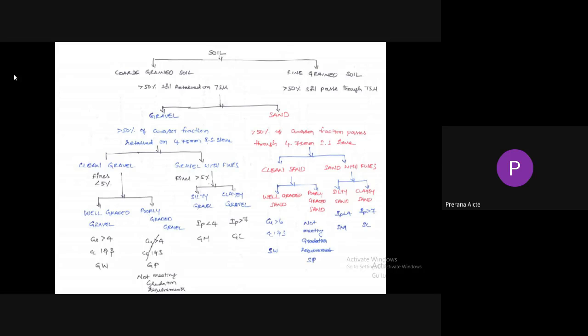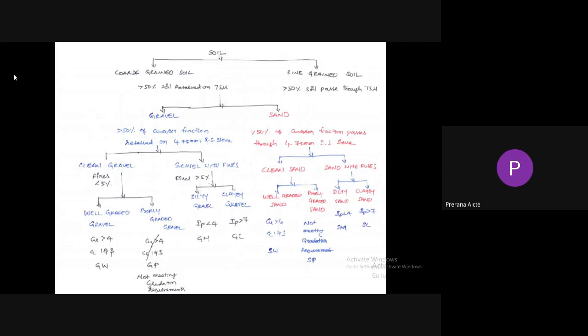The coarser fraction means the soil retained on the 75 micron IS sieve. We imagined that 700 grams of the 1 kg soil is retained on the 75 micron sieve. This 700 grams is known as the coarser fraction.